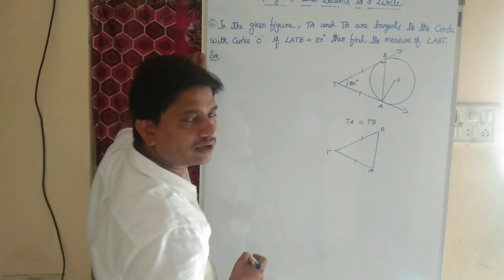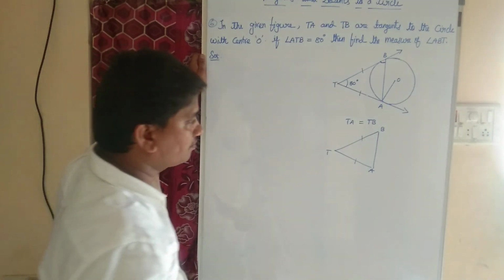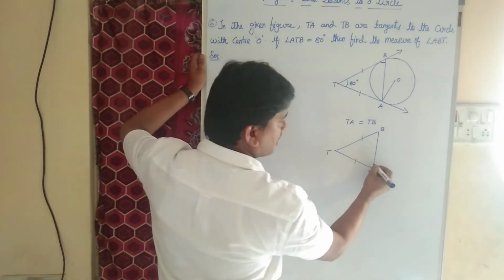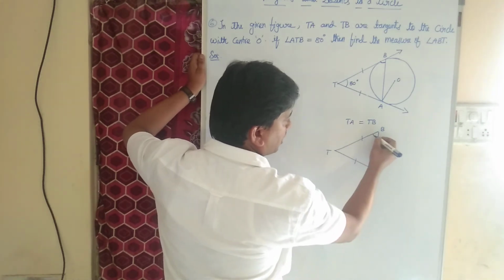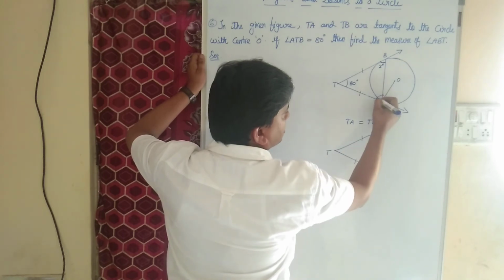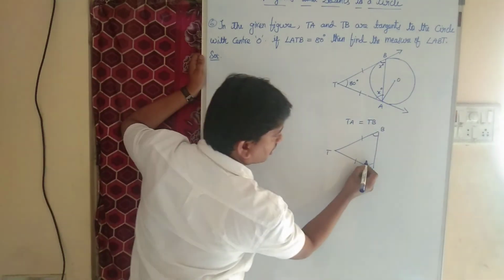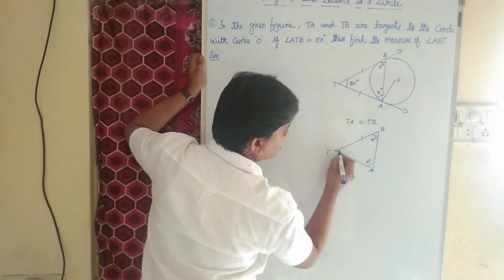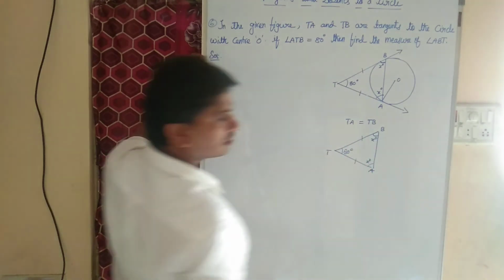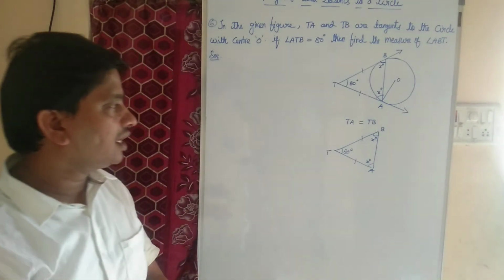If two sides are equal, then the angles opposite to equal sides are also equal. Angle opposite to TB is A, angle opposite to TA is B. These two angles are equal. Let this angle be x degrees, then this angle is also x degrees. So x degrees, 80 degrees. By using the angle sum property of a triangle, we can easily find ABT.